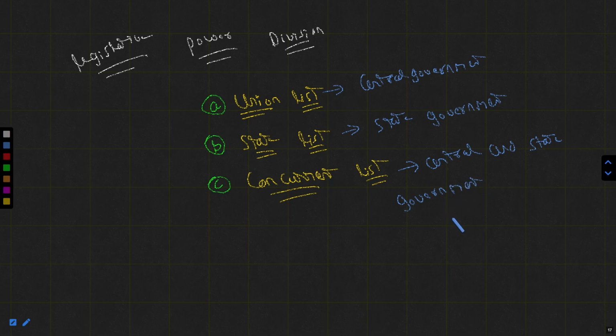So on the union list, all powers are reserved for the central government. On the state list, powers are reserved for the state government. And on the concurrent list, both the central and the state government could take up matters. This is for normal times, when the situations are normal.